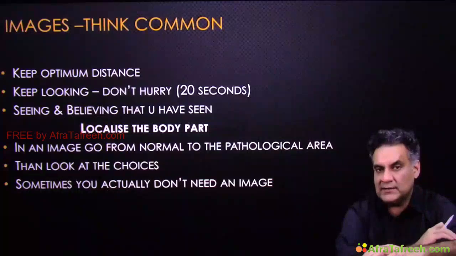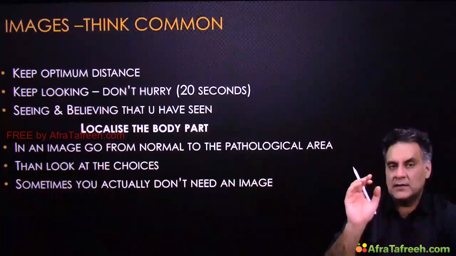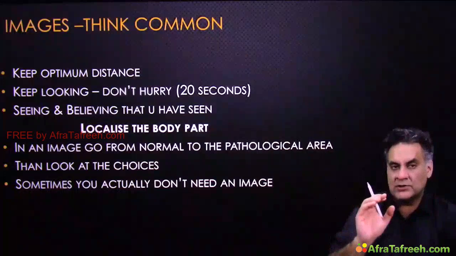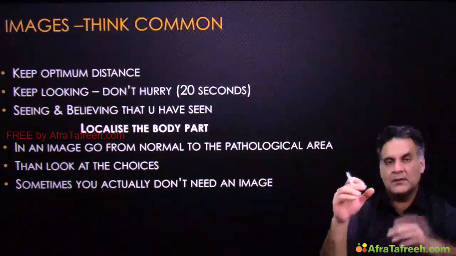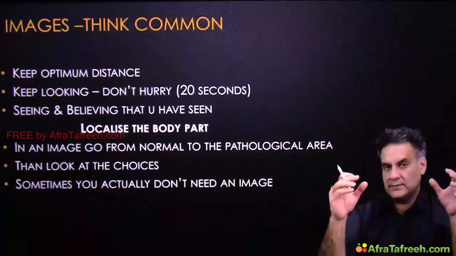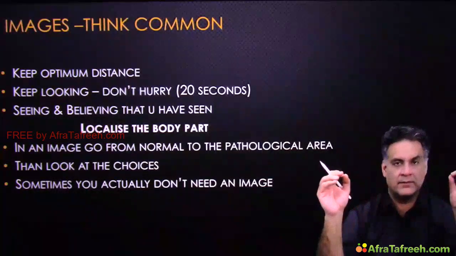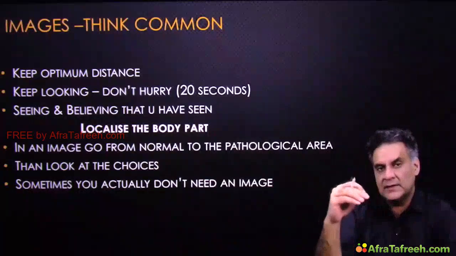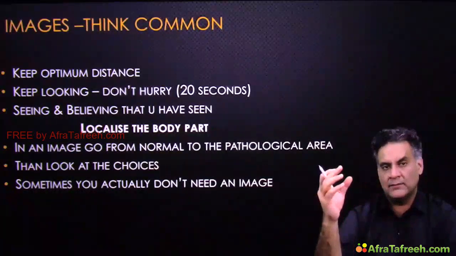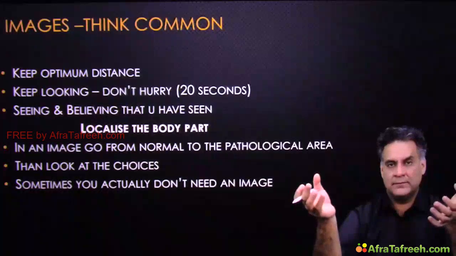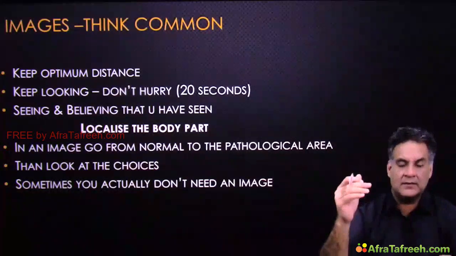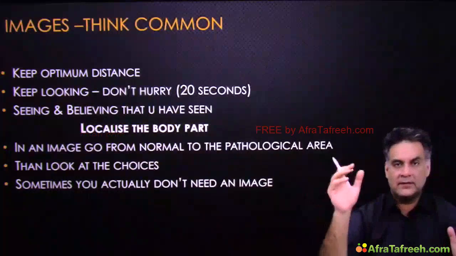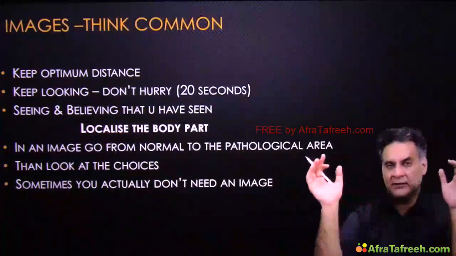Around the head of radius, posterior interosseous nerve, branch of radial nerve. Around the knee, the common peroneal nerve, which takes a turn around the neck of fibula. Around the hip, the posterior border, the sciatic nerve. These are common things they will ask.